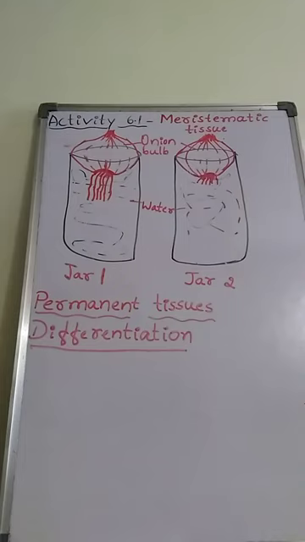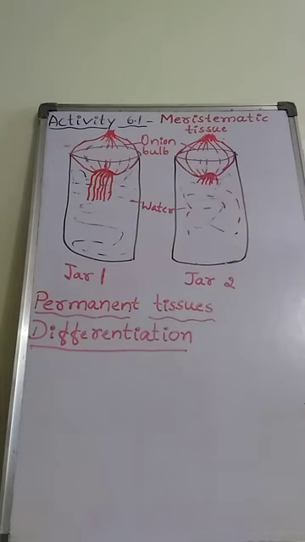The cells of the permanent tissues have a particular shape and size. The second characteristic feature is they are unable to divide.